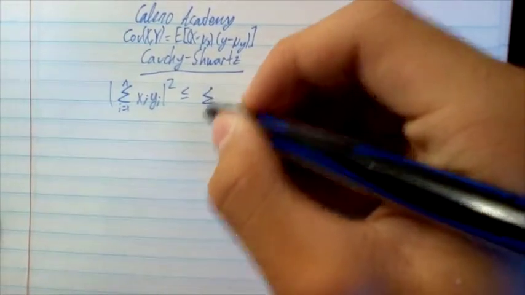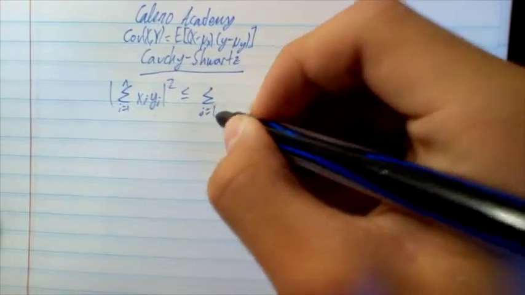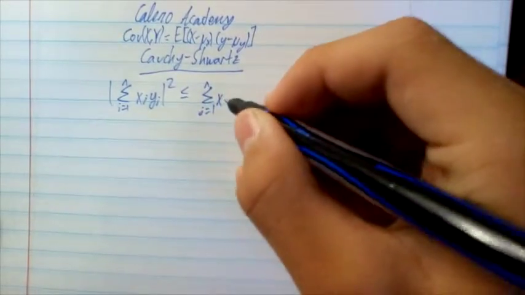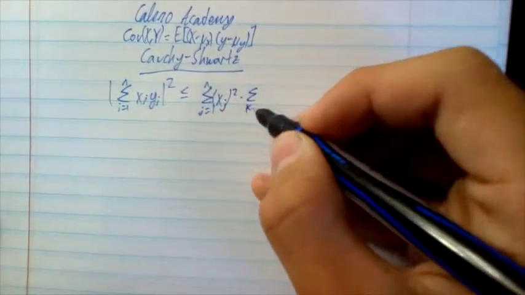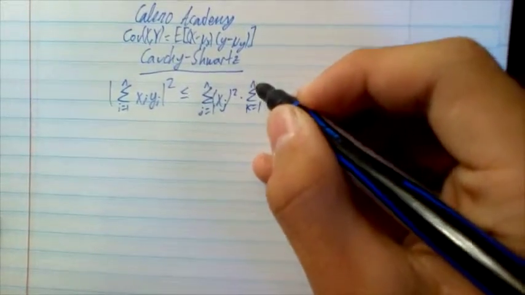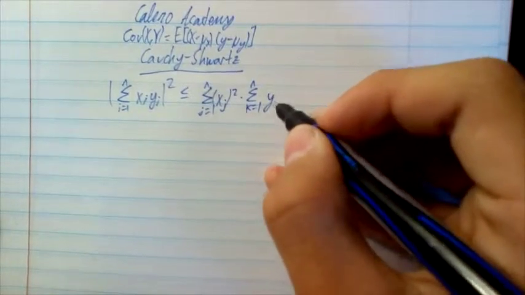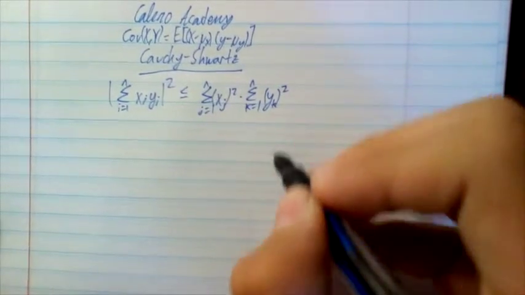So basically, the sum from j equal to 1 to some n of x_j squared times the sum from some k equal to 1 to some n of y_k squared.